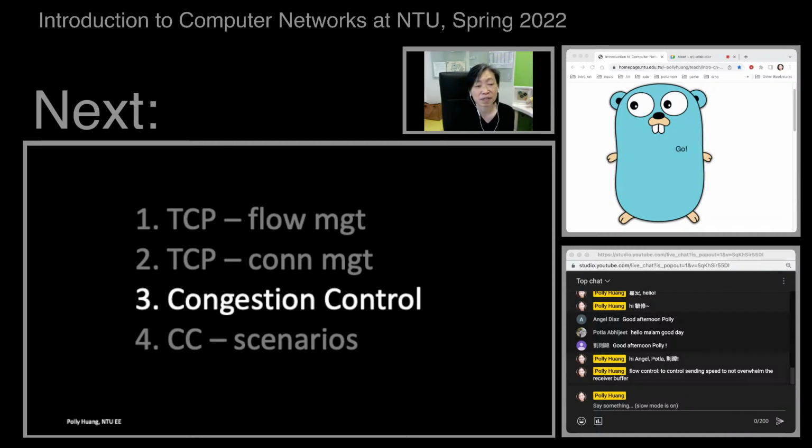Okay, so if you think about it, sending data over the internet is much like having cars traveling the transportation network. When we push data too fast into the network, the network gets congested.